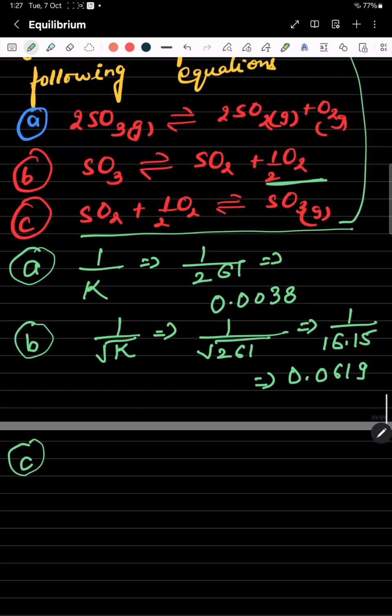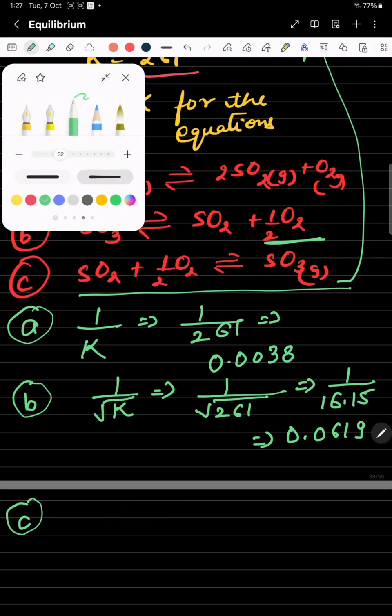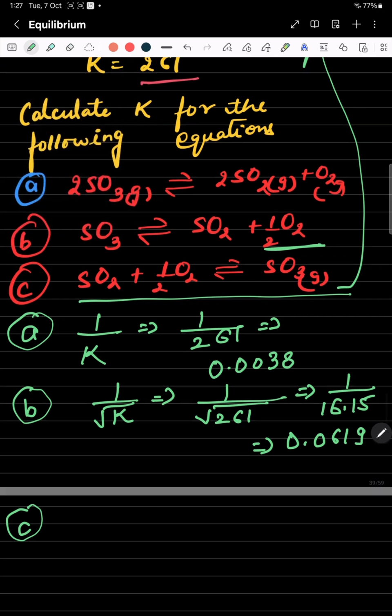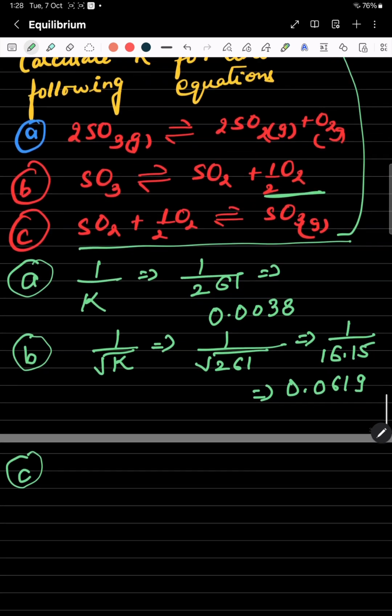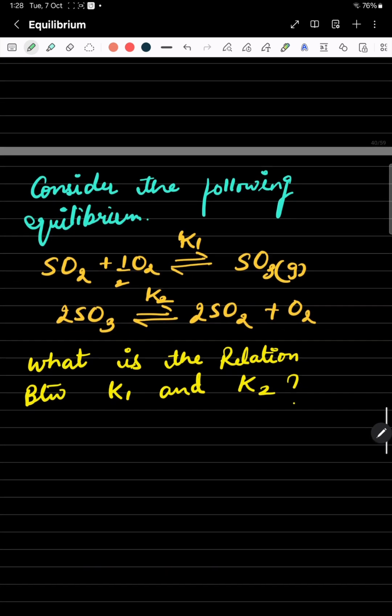So the answer will be under root of K. You need not do any kind of reverse here. Under root of 261 will give you 16.15. So these are the values of K.